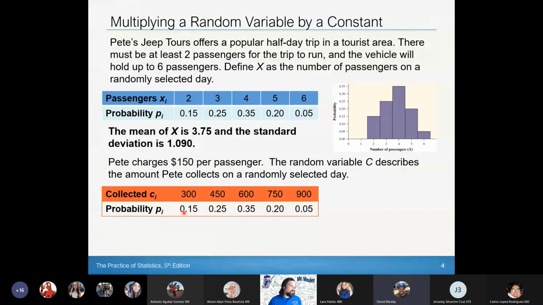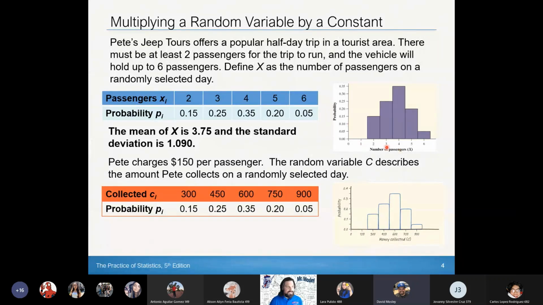The probability for each amount of money collected is carried over from the probability of having a certain number of passengers. Those probabilities aren't changing. And as we would expect, the shape of the histogram for the money collected doesn't change. Now, the horizontal axis changes values.